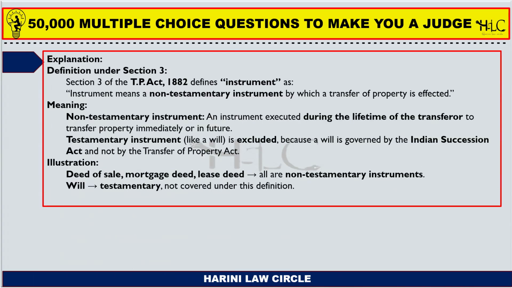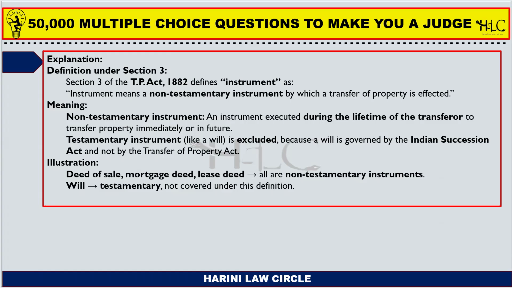So to understand what a testamentary and non-testamentary instrument is, I have given you the meaning of it. The non-testamentary instrument is executed during the lifetime of the transferor to transfer property immediately or in future. A testamentary instrument is like a will, which is governed by the Indian Succession Act and not by the Transfer of Property Act.